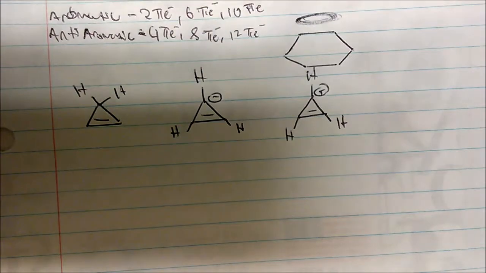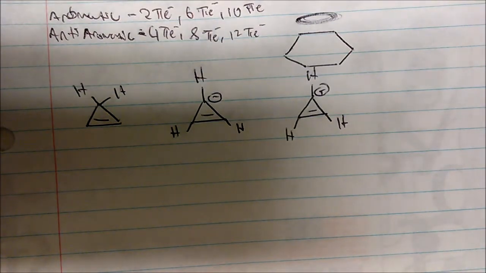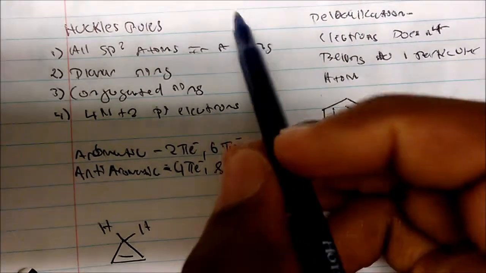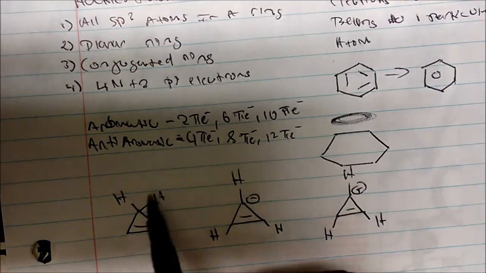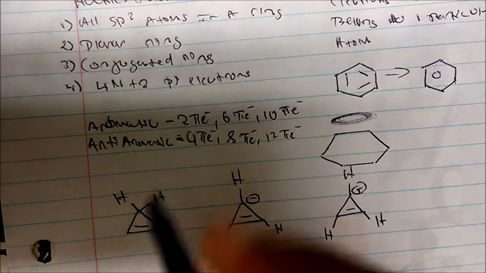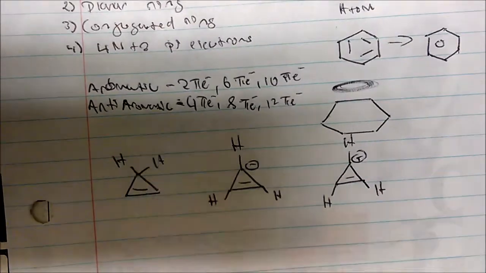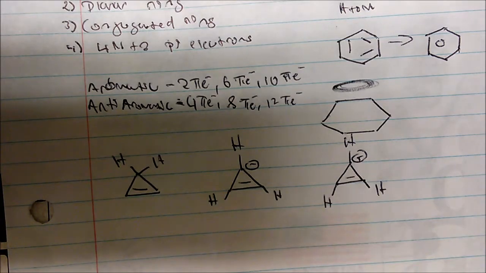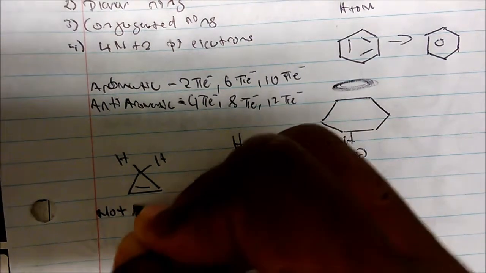Are these aromatic, anti-aromatic, or non-aromatic? Well, the first thing I look at is if my atoms are all sp2, right? This is an sp3 carbon. So this is non-aromatic. We don't even have to go any further. It's not sp2, it's sp3. We can't do anything about that. So this is not aromatic.